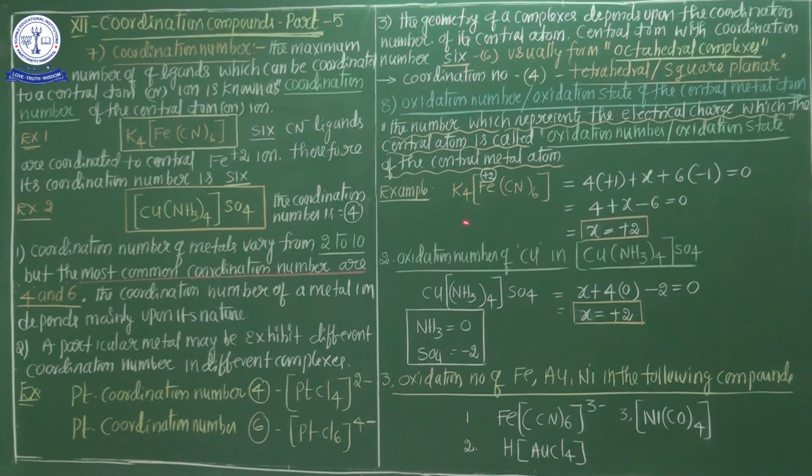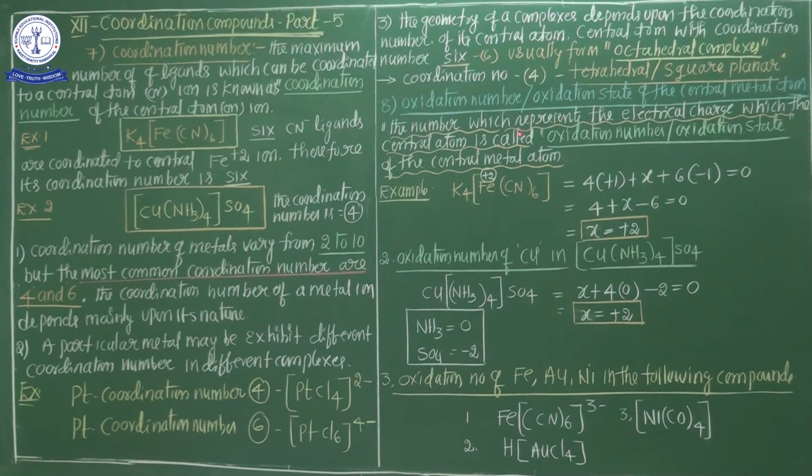The same rules are applicable in this concept also. Whenever you calculate the oxidation state of any central metal atom, the same rules followed in the 11th standard redox reactions apply here.